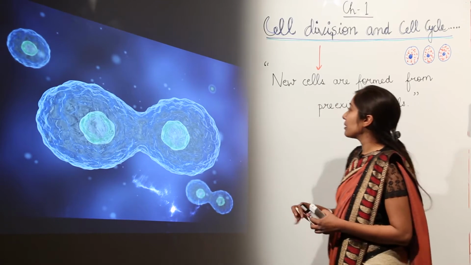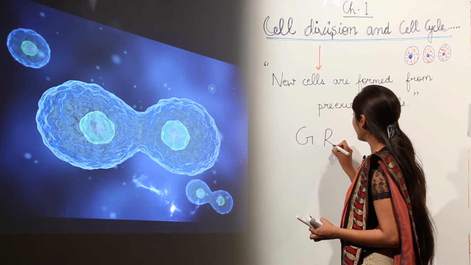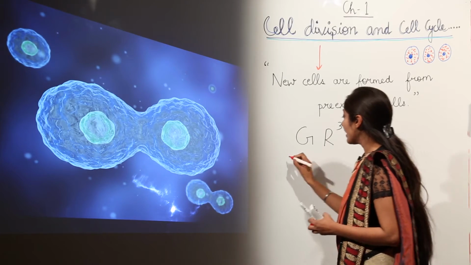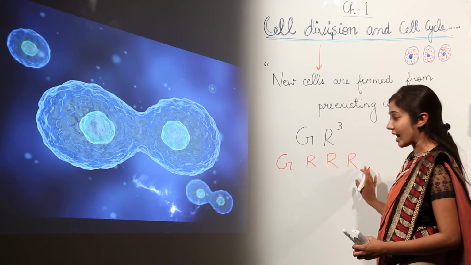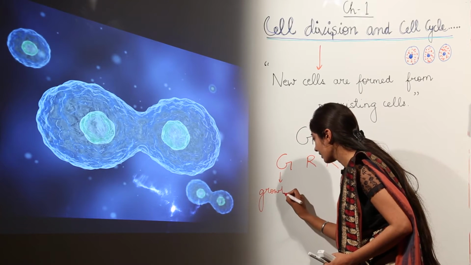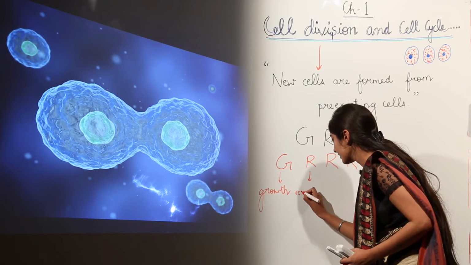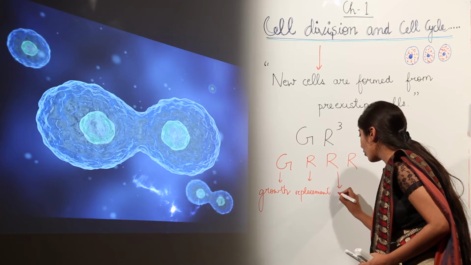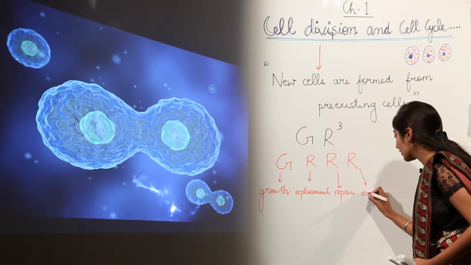So, for that you can remember a term, that is GR cube. I'll explain what it is, but first let me expand it: it is G triple R, meaning 3 times R. Here G stands for growth, R stands for replacement, this R stands for repair, and this R stands for reproduction.